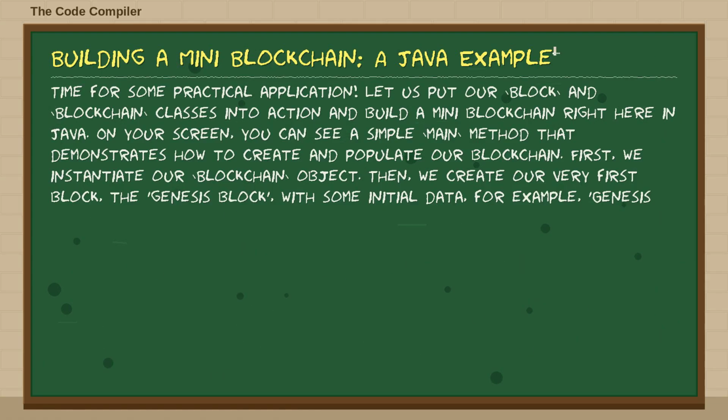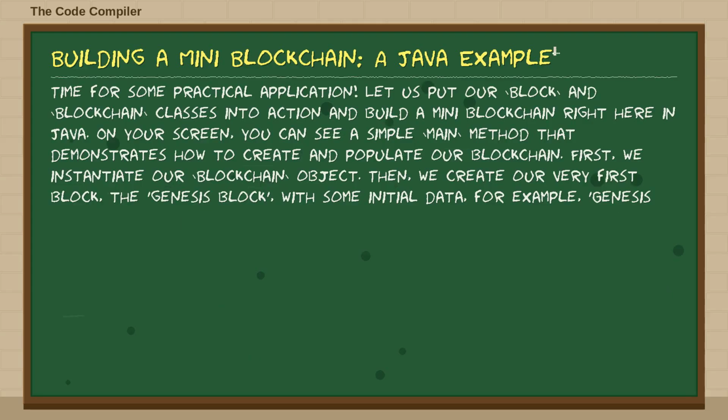After that, we create subsequent blocks, each containing different data, like transaction 1 data or transaction 2 data. Notice how each new block automatically gets linked to the previous one through its hash. We then iterate through our blockchain, printing out the details of each block, including its data, its own hash, and the hash of the block before it.